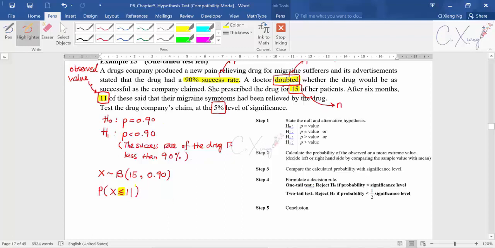Another method to decide the sign here is to compare the observed value with the mean. As an example, what is the mean for binomial? The mean for binomial is n times p, right? So n times p, which is 15 multiplied by 0.9, you will get 13.5.